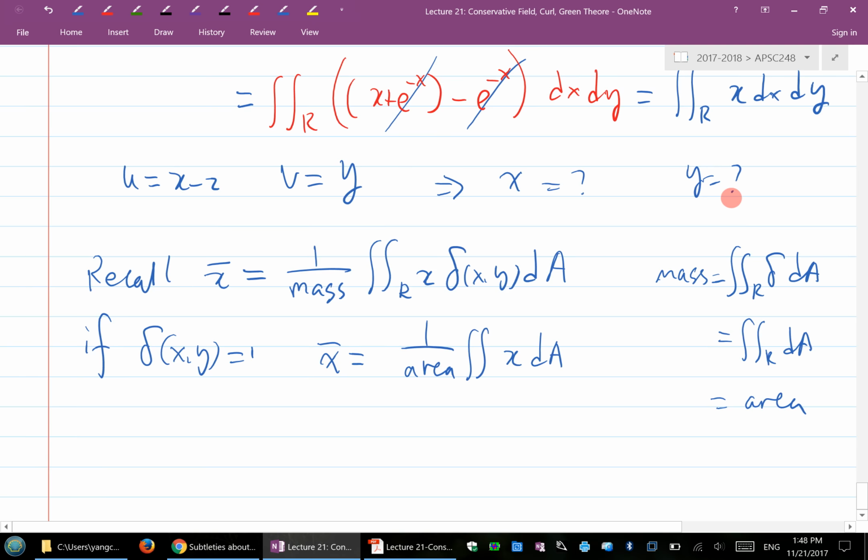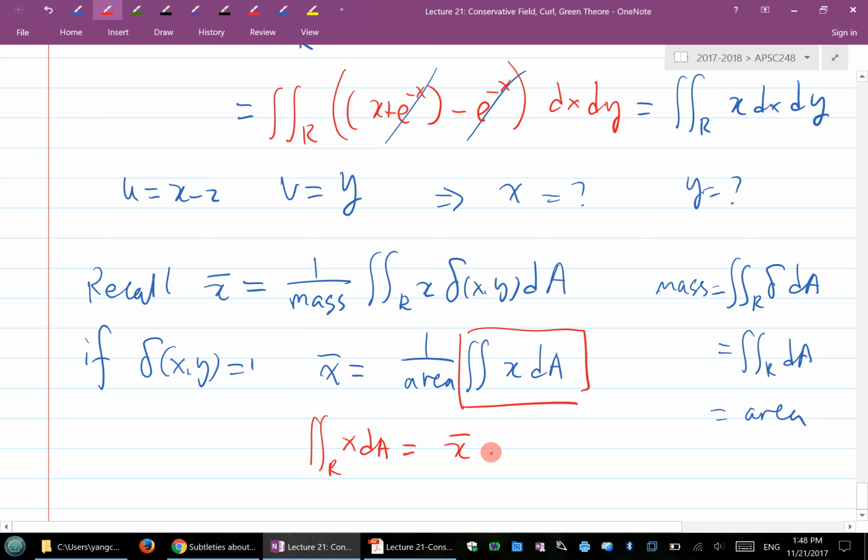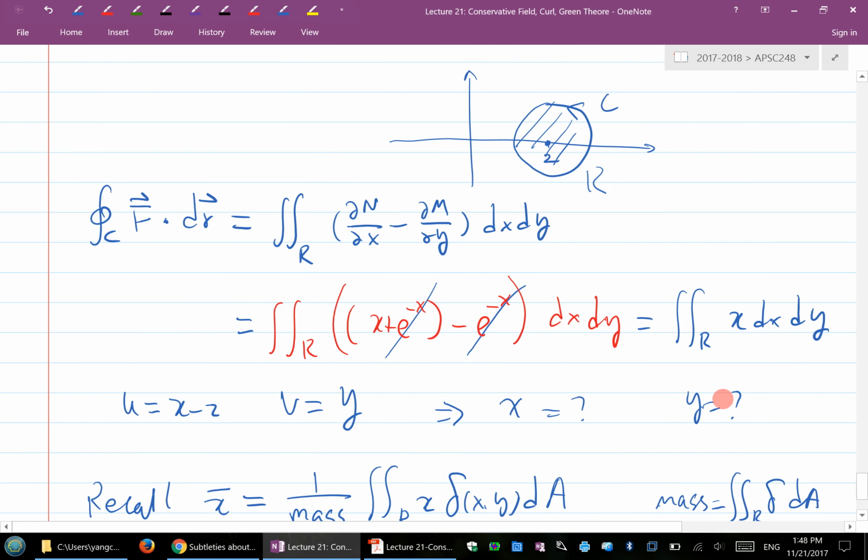Why does it help? Because for this particular example, I'm looking for this value here, right? So that value is equal to x bar times the area, okay? Now for the given region R, what's x bar? You don't need to calculate, right? What's the center of mass for x? 2.